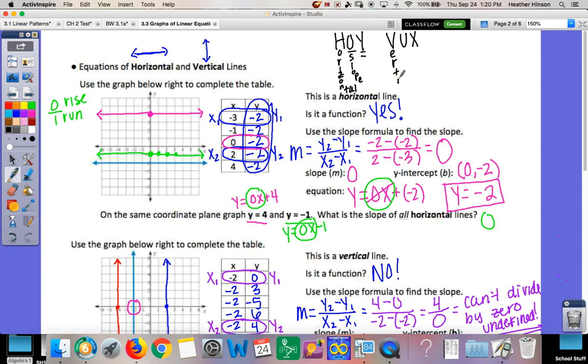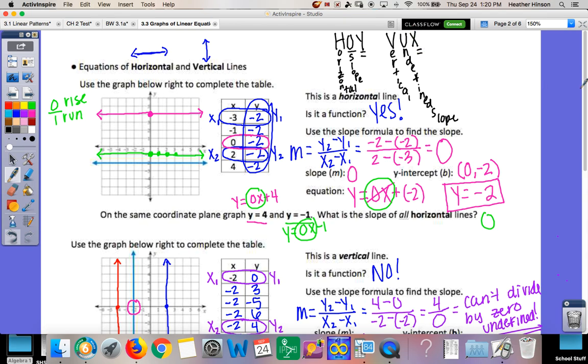Vertical lines have an undefined slope. And these are your x equal equations. So HOY-VUX. If you see a horizontal line, it's a 0 slope, and y equals whatever that number is. Vertical line is undefined slope, and x equals whatever that number is.